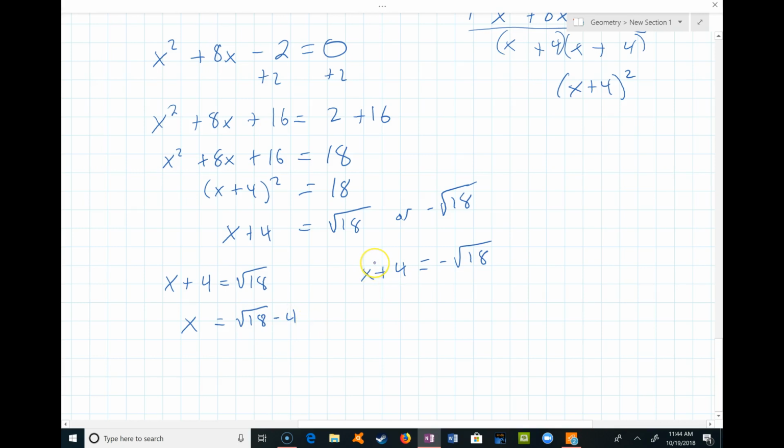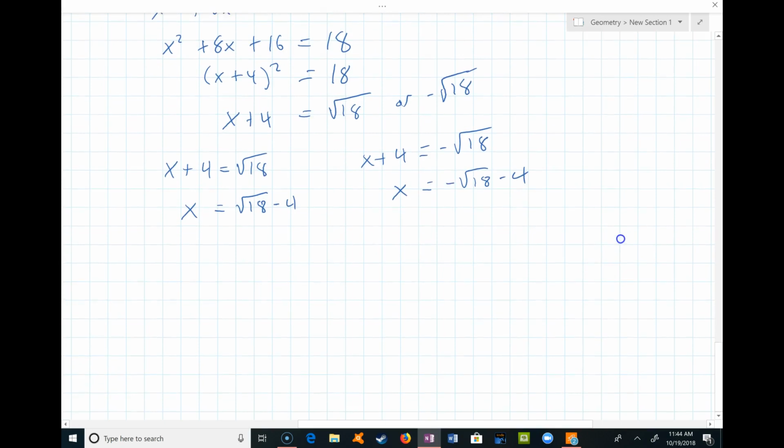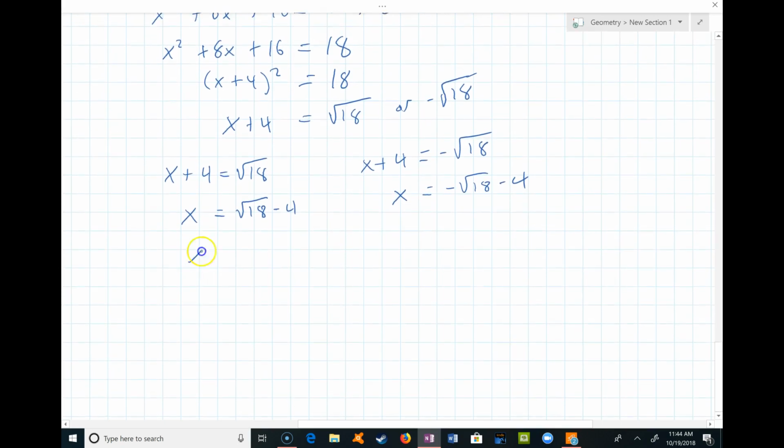And this would be x equals negative square root of 18 minus 4. And I wouldn't quite be done yet because square root of 18 can be written in simplest form. So that would be x is equal to 3 times the square root of 2 minus 4, and x is equal to negative 3 times the square root of 2 minus 4. And that would be my 2 solutions.